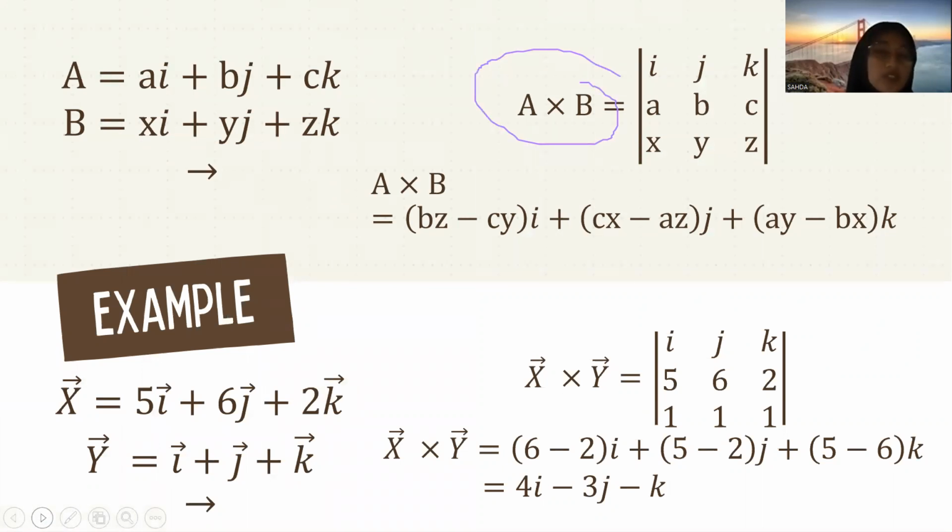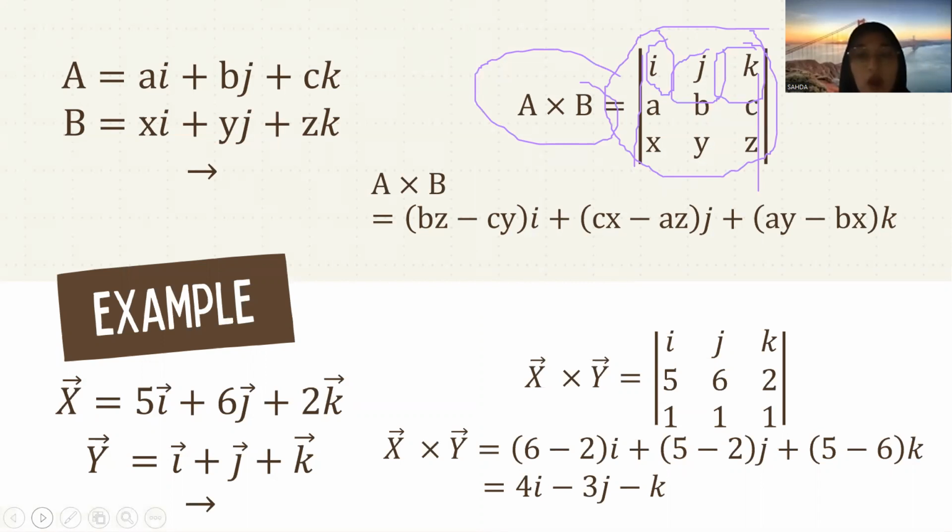So what you have to do first is construct a matrix. And the matrix looks like this. You make a bar, and you're going to arrange I hat, J hat, and K hat in the top row.